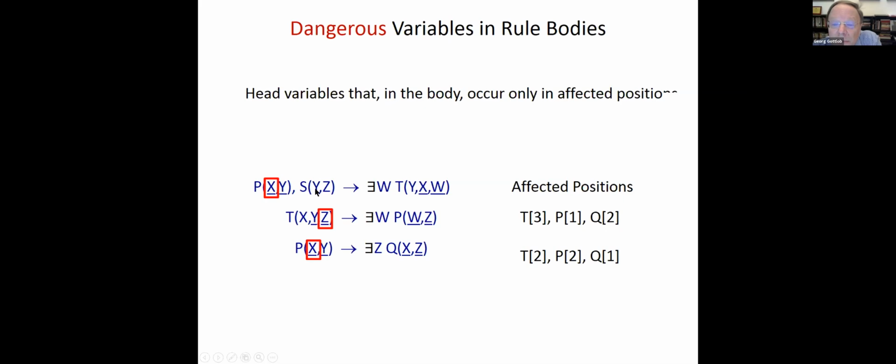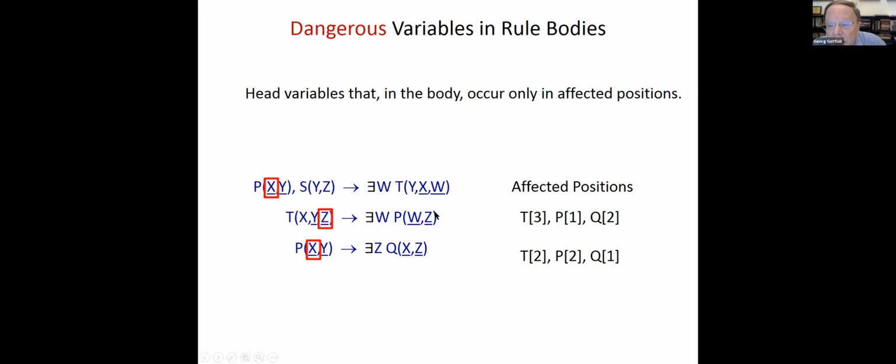And since this variable must of course have the same value whenever this rule is executed here and here, and given that it is not affected here, it can never bind to any null value, it can never bind to any existentially created value. And so therefore, even though it is affected here, it's not dangerous, because it will not contain null values, even though it occurs somewhere in an affected position and in the head.